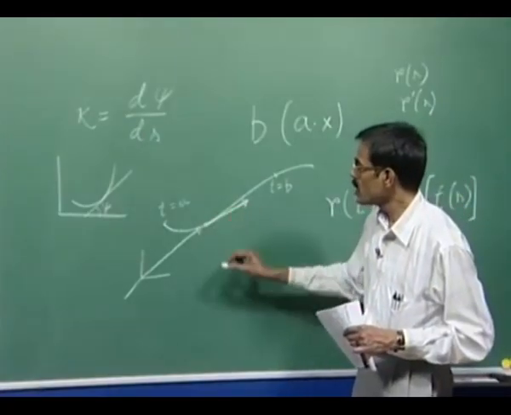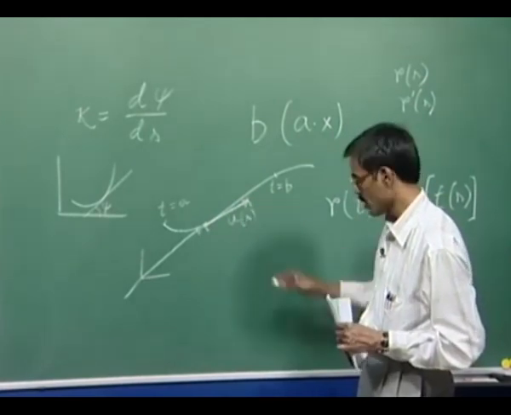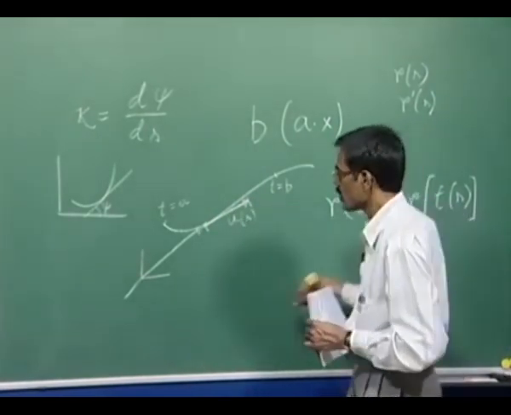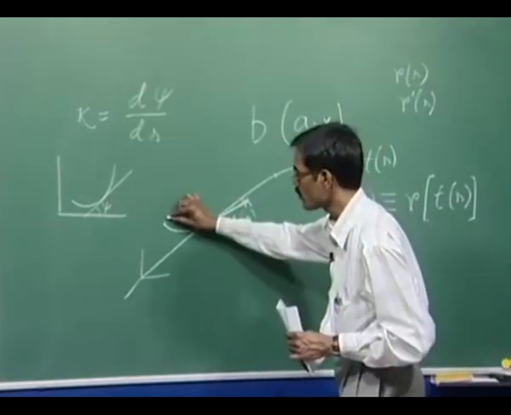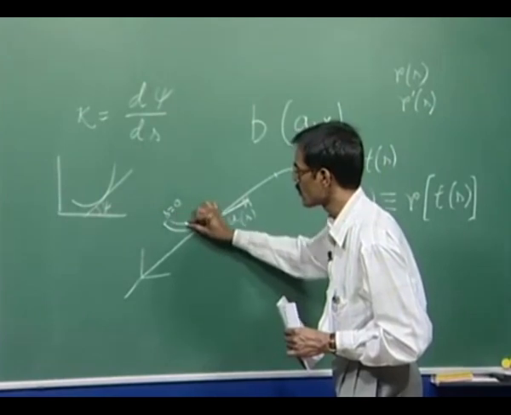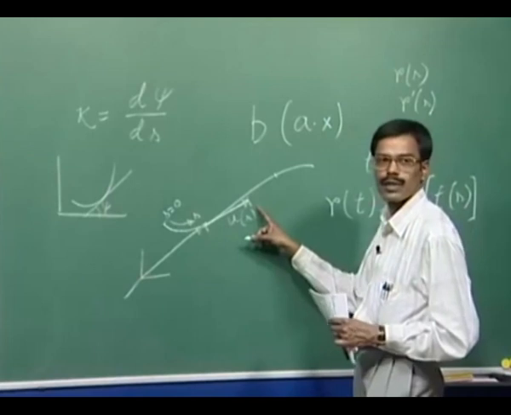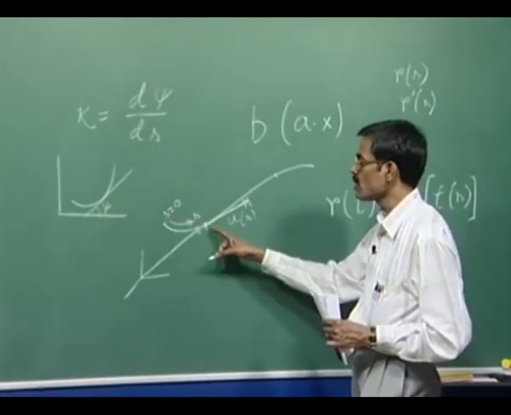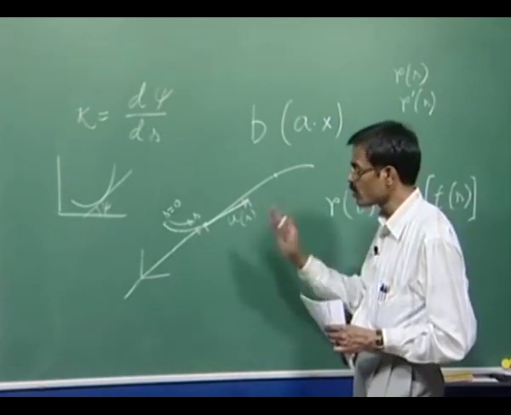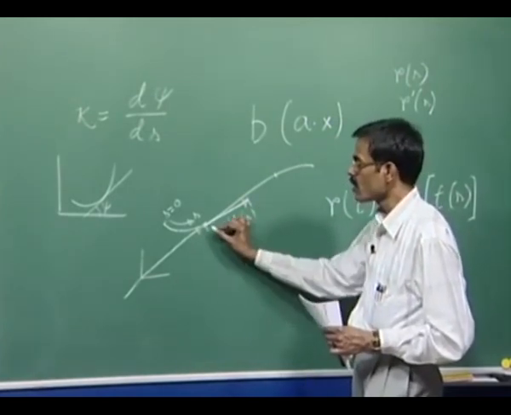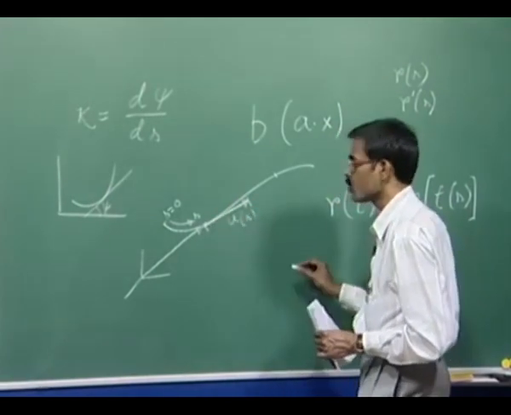So, from here as you do that, you note that the unit tangent, if this is the u of s, in which case we will be defining the curve not with respect to t, but with respect to s. Then note that this is a unit vector, and with respect to the arc length, the rate of change of the unit vector will be perpendicular to this vector itself, because for any small segment, here it is a unit vector, here also at the next point also it will be a unit vector.